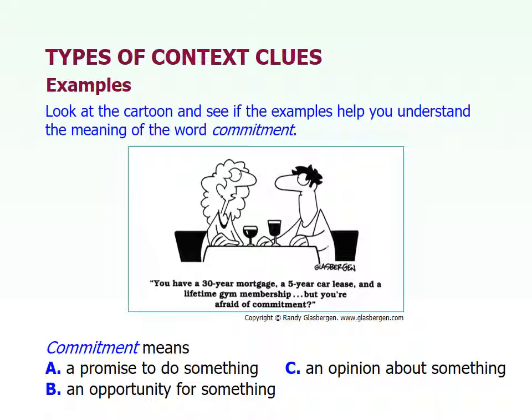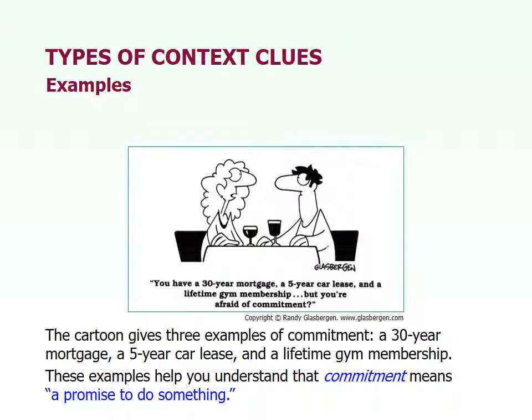Those 3 things are promises to do something. So that's what a commitment is. It's a promise to do something. You can see how those examples help you figure out the meaning of the target.